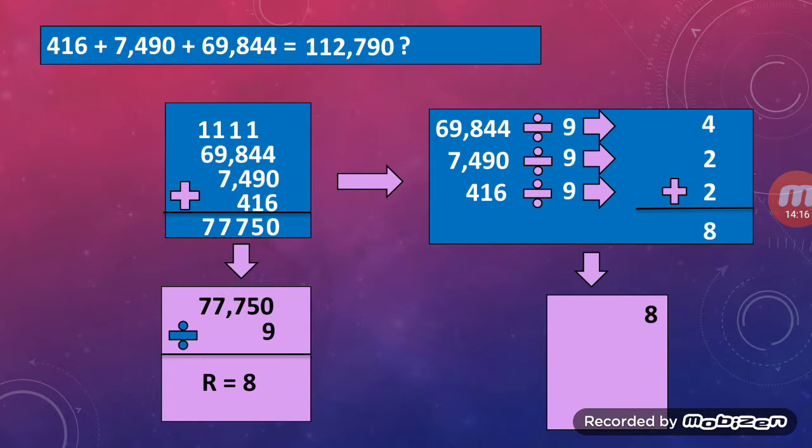So then we will take the 8, we will divide that by 9, and the answer will be whatever the number is with a remainder of 8.